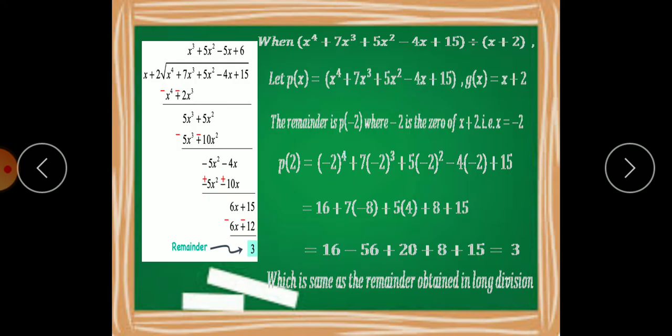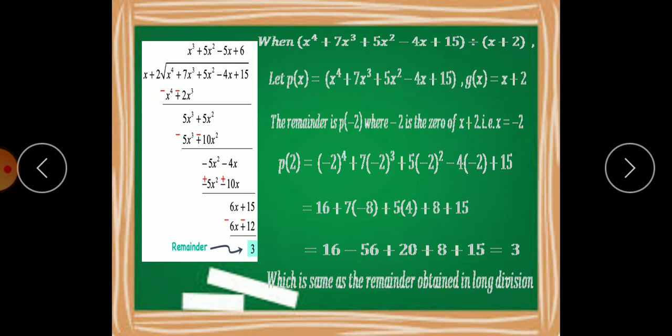Let us see one more example of the division of polynomials, where the dividend is x power 4 plus 7x cube plus 5x square minus 4x plus 15, which is divided by x plus 2. Beside, a long division process is there, which was explained in the previous class. Try to do it on your own and verify whether you get the remainder 3 or not. Definitely you will get 3 if you do it properly.